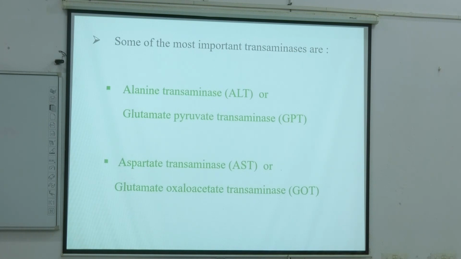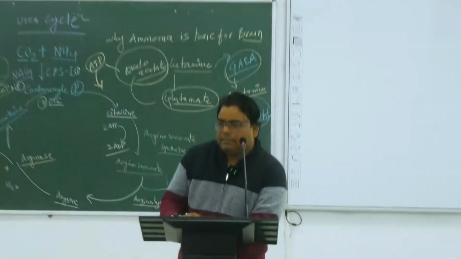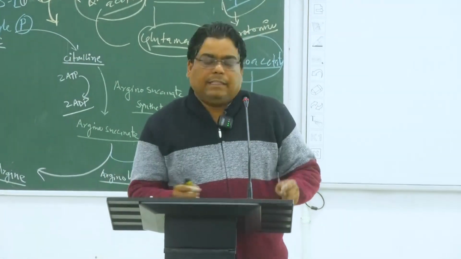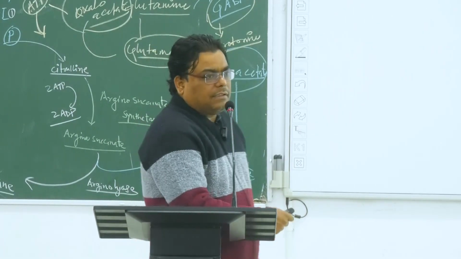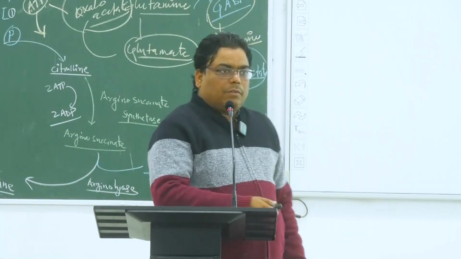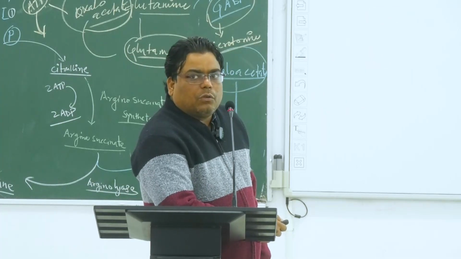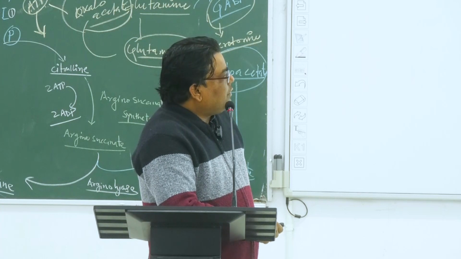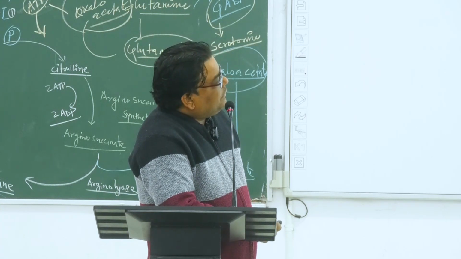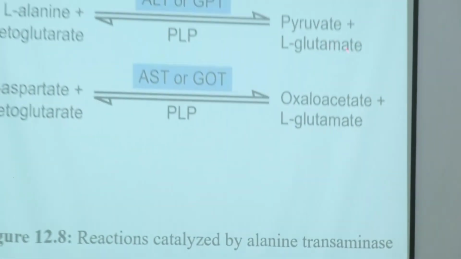In the muscles, the storage form of ammonia is alanine. This alanine is further processed by the alanine transamination reaction, and it is called a glucogenic amino acid. Now listen, L-alanine by the enzyme ALT and PLP forms pyruvate and L-glutamate.